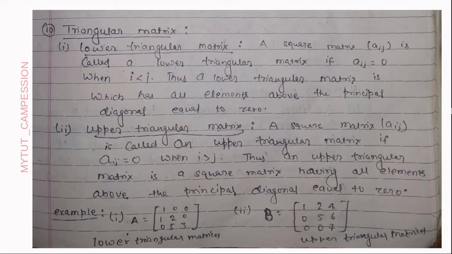Okay, a square matrix Aij is called an upper triangular matrix if Aij equals 0 when i is greater than j, which means the number of rows is greater than the number of columns.